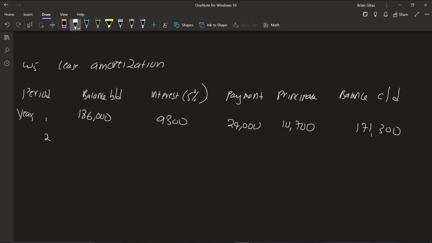We go to period 2. We are still in year 1. So the second period, we have a balance of 171,300. 5% of that is giving us 8,565. The payment is still 24,000.